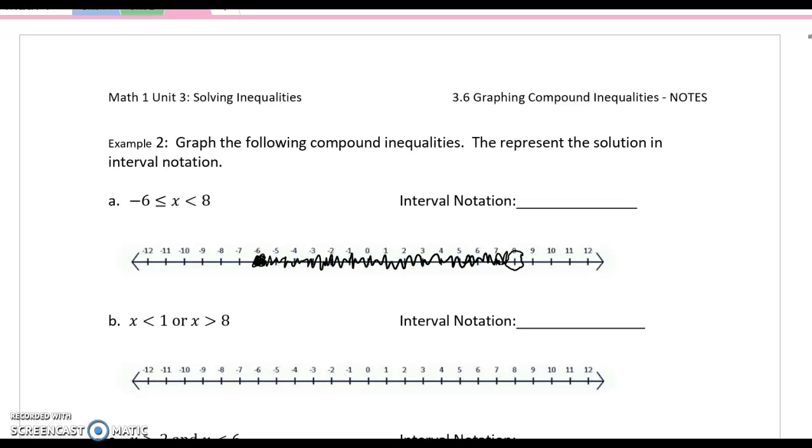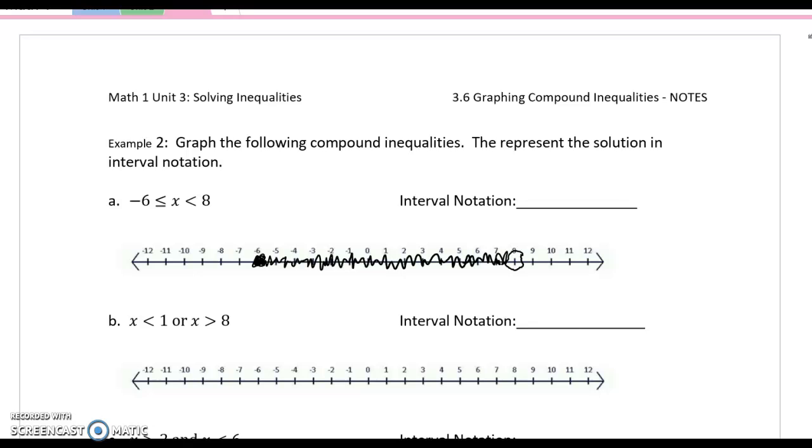Now, to see that we shade it in the correct place, we want to pick a number that's on that shaded part and see if it works for the compound inequality. For example, if we picked 2, 2 is definitely right here in that shaded part of the number line.